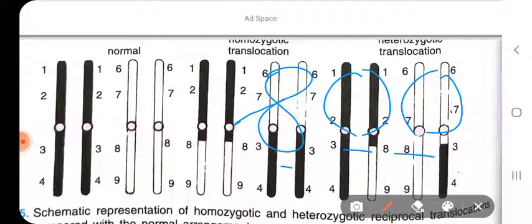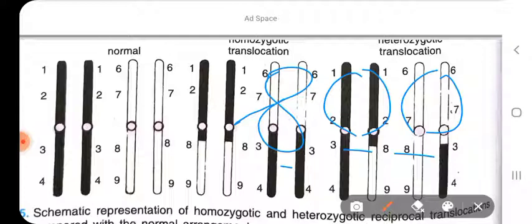That means you can observe this chromosome arrangement cytologically when you want, and genetic effects can also be observed because the position of the genes has been changed and we get that position effect.